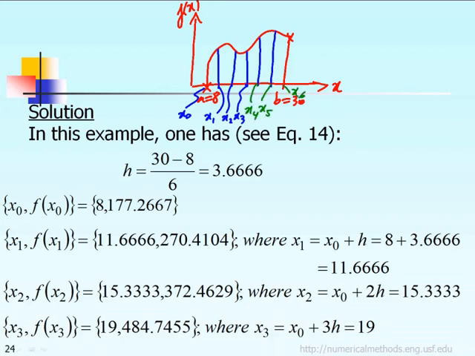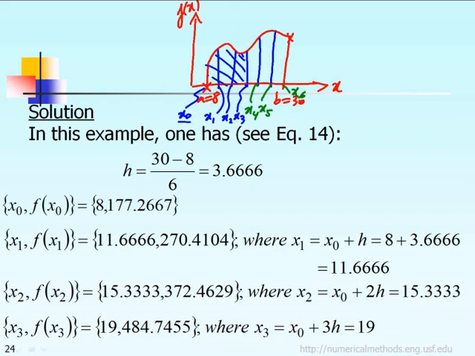So for this case, according to Simpson multiple-segment, let us integrate just the first single segment, which means the lower bound for the first segment is x0, equal to a, equal to 8.